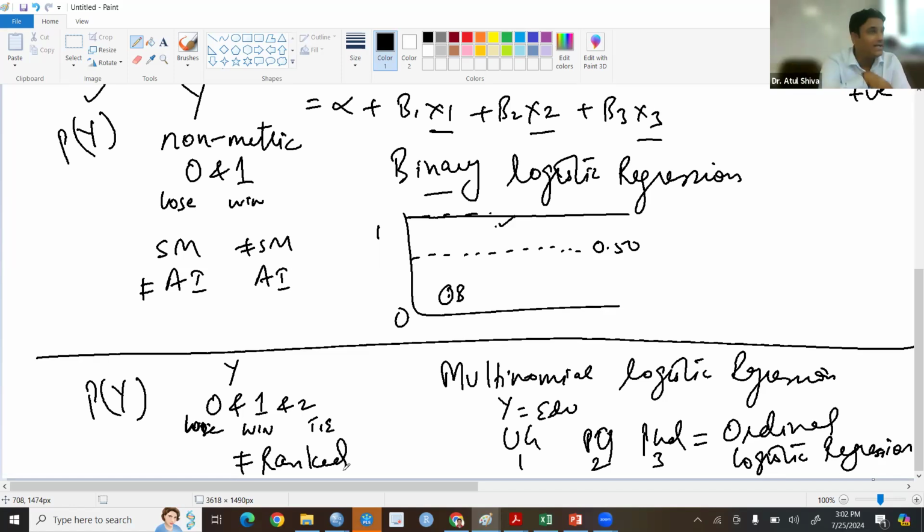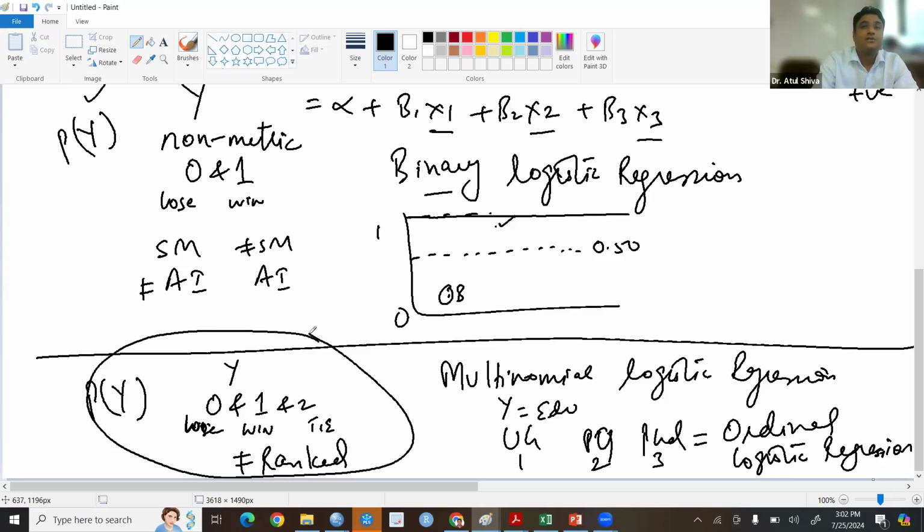Winning, losing, tie, these are three independent outcomes of DV. So if you see the screen, my DV was one, but the DV had three categories and all three categories are independent of each other. Then multinomial logistic regression is applicable. Every regression has a different objective.